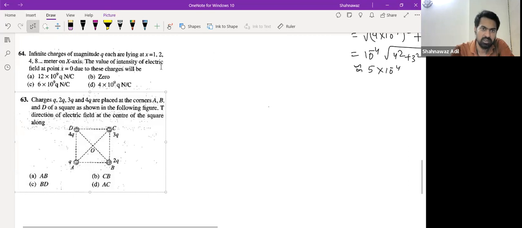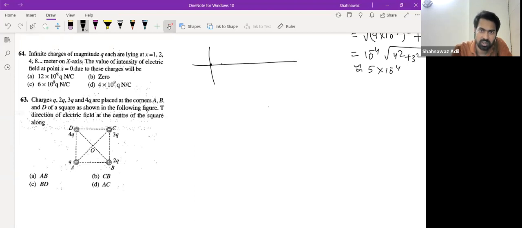This one is infinite charges. Let me give you a hint for this question. You have this charge, right? This charge is at 1 meter. One charge is at 1 meter, then another charge at 2 meters, then another at 3, and this goes on to infinity, right?